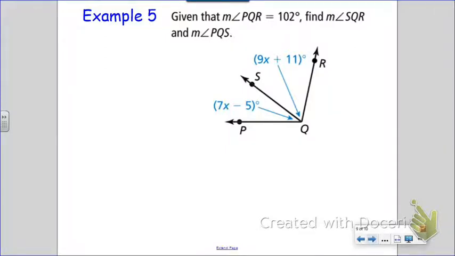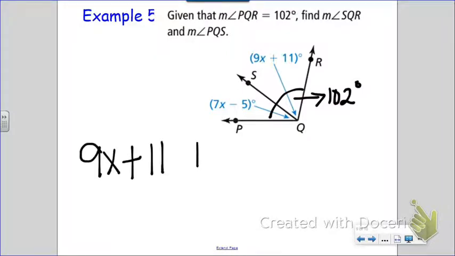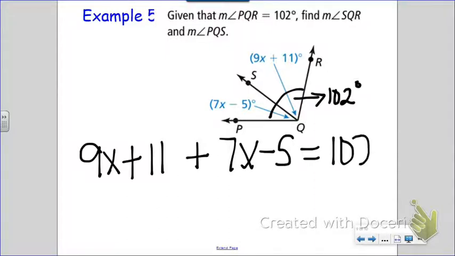PQR is 102 degrees. That's the entire larger angle. We know that the two angles added together, which are 9x plus 11 and 7x minus 5, have to equal a total of 102 degrees.